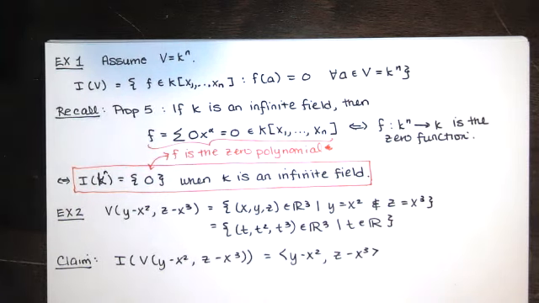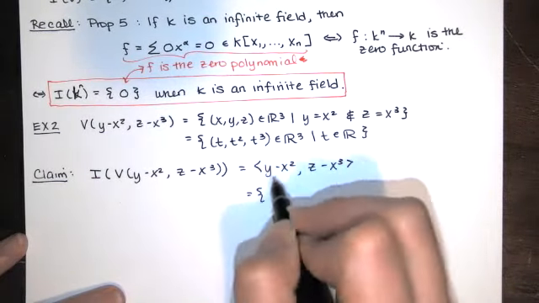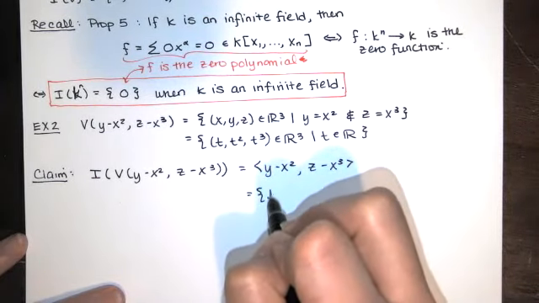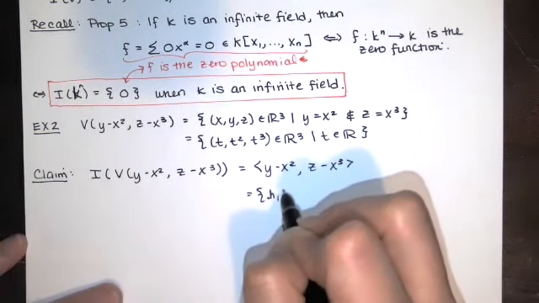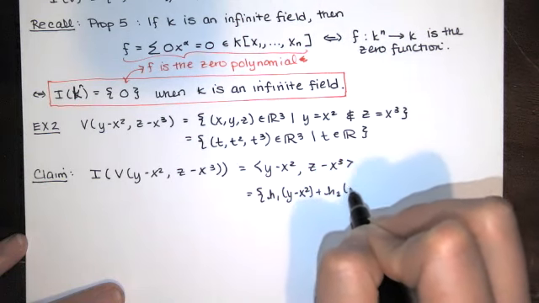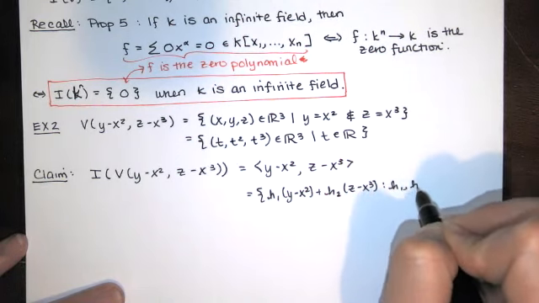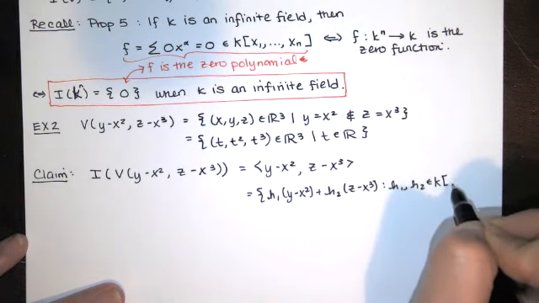Now, actually, I do remember that I talked about what this is. Just as a reminder, this is the set of all polynomials that can be written in this way. It's h1 times y minus x squared plus h2 times z minus x cubed, where h1 and h2 are in the polynomial ring.